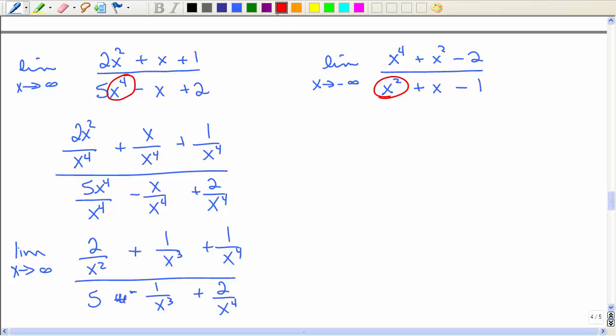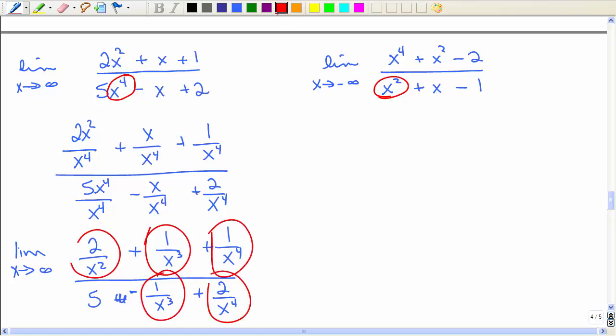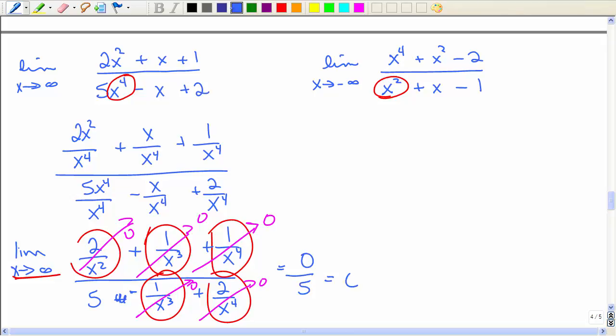And now look, I have all of these fractions. What's going to happen as x approaches infinity? They're all going to approach 0. All of those are going to get closer and closer to 0. So what do I have on top? 0 over 5, which is 0. So the limit is 0.